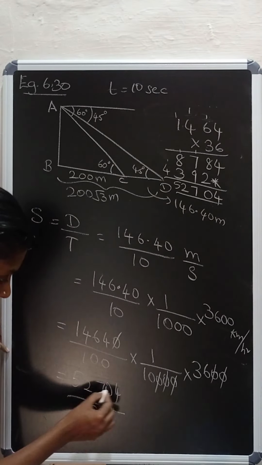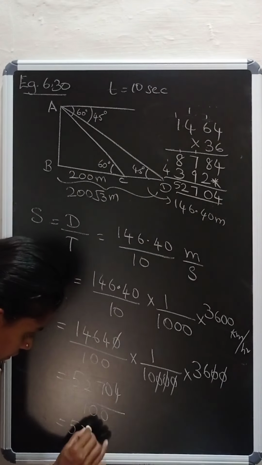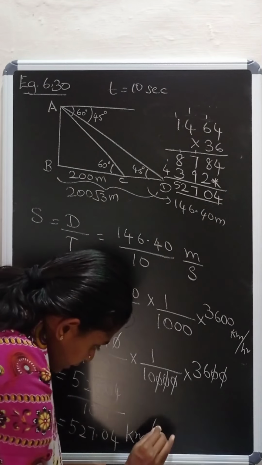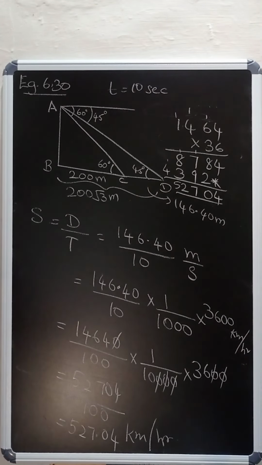So after 2 digits you will keep the point. 527.04 kilometer per hour.